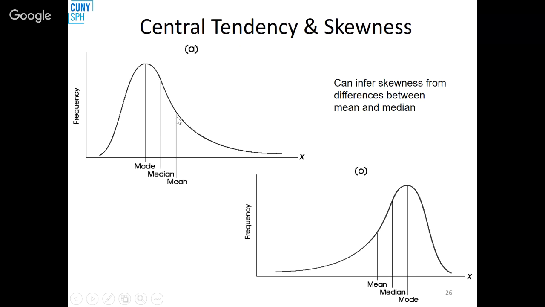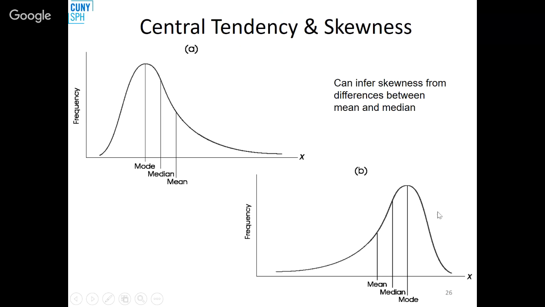So I mentioned this with those 4 distributions, but I just want to write it down here. If you have a skewed distribution, you can infer that from differences in the mean, the median, and the mode. So something right skewed, because the mean is affected by that skew the most, you will have a mean that is a fair bit larger than the median, and the median larger than the mode.